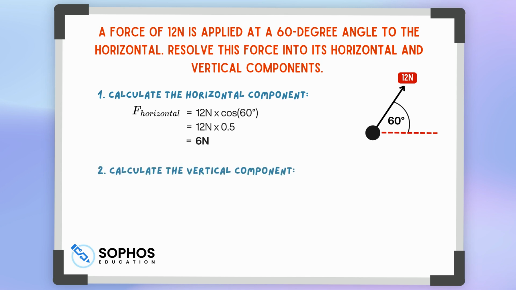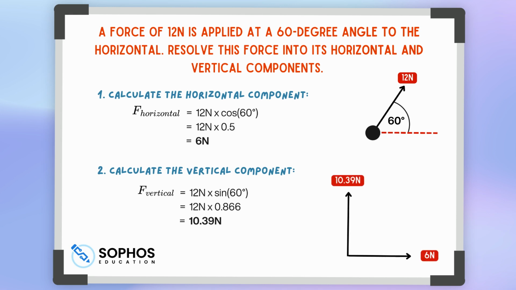Now for the vertical component. For this, we use the sine function. We find that the vertical component force is 12 newtons multiplied by the sine of 60 degrees. Since sine of 60 degrees is approximately 0.866, we get an answer of 10.39 newtons.